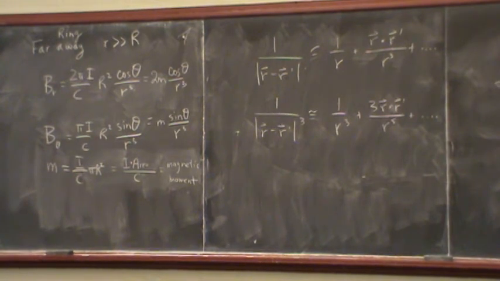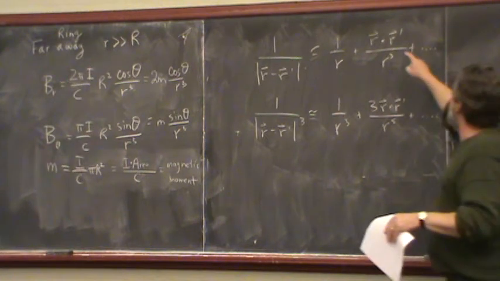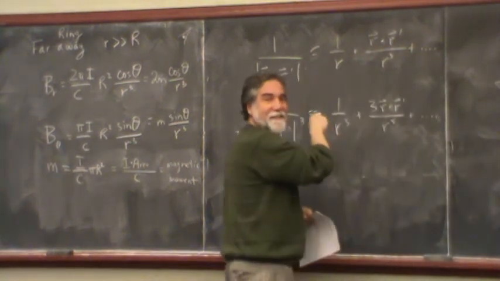How is that 3 r dot r prime over r to the 5th? Let me think about that. Yeah, that's correct. Because you cube it, you've got all the cross terms, so we're looking at this times this.